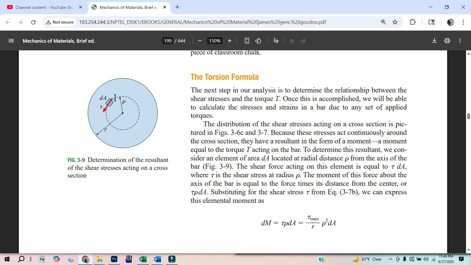So I have d rho multiplied by d theta rho. If we clean that up, we would have rho d theta d rho. So the area dA, this little piece, is going to be rho d theta d rho.